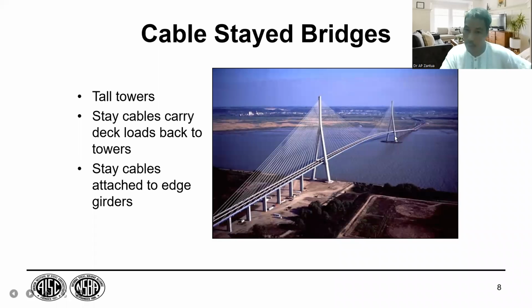So make it fewer in number. For example, if we need 10 to 12 piers, just do 2 piers rather than 10. So we can economize the cost. Stay cables are attached to the edge girders, the beams called girders. So we attach the cables.